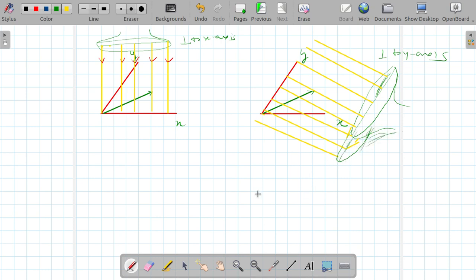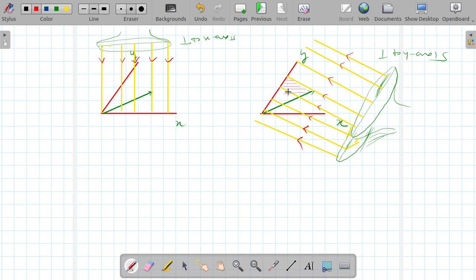So the projection of this vector is this one.